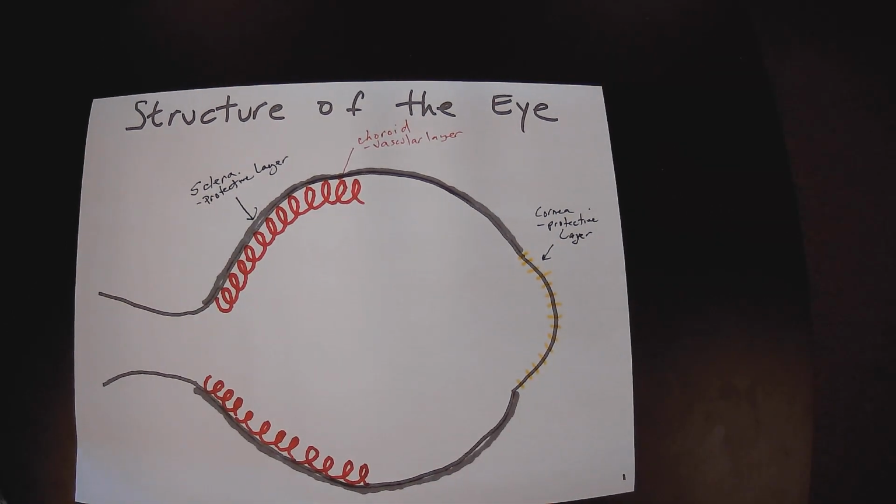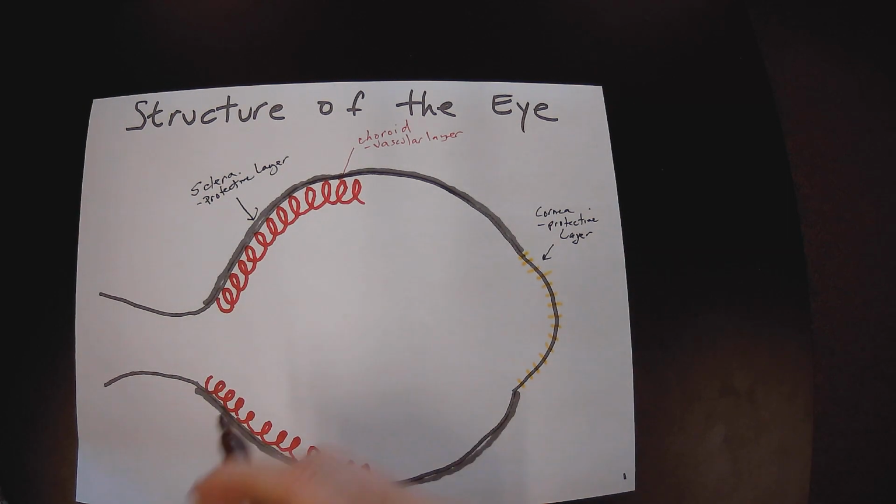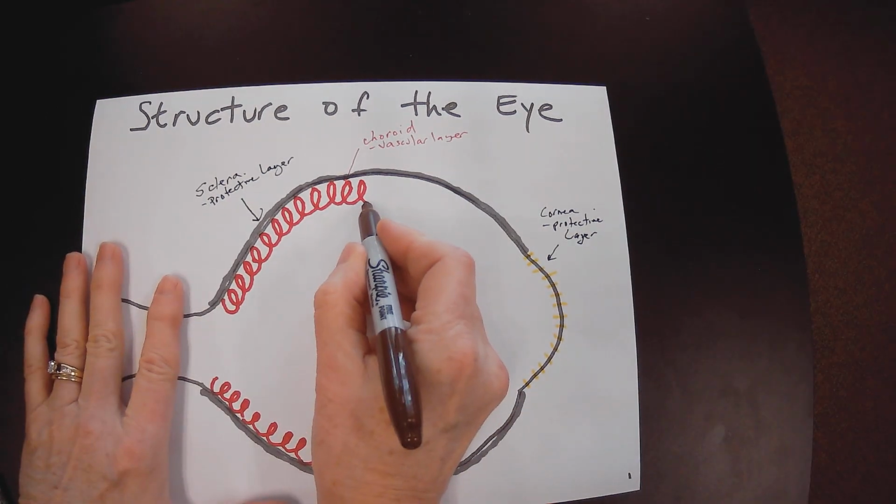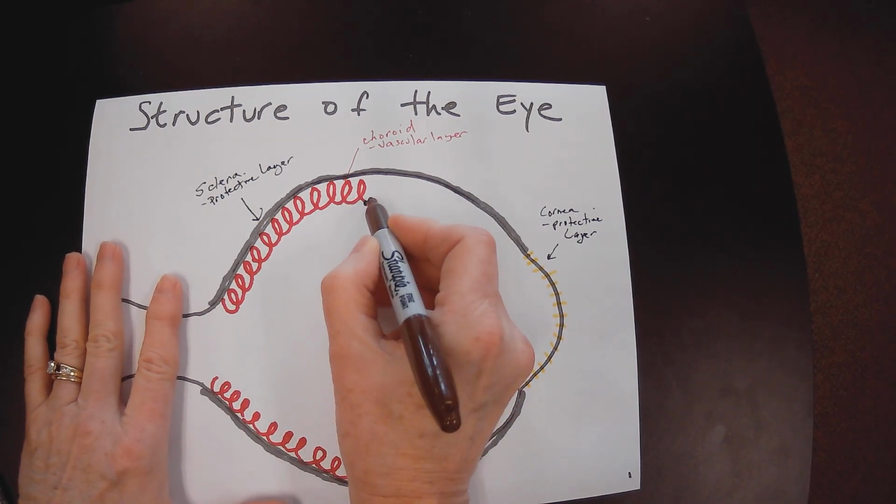Okay, so the next layer under the protective layer of the sclera and the cornea is going to be your choroid, and that's a vascular layer. Okay, coming off of the choroid, as the choroid progresses anteriorly, it starts to thicken into a muscle.